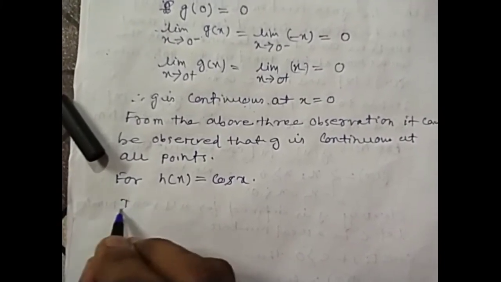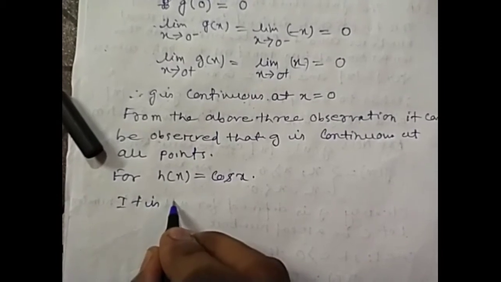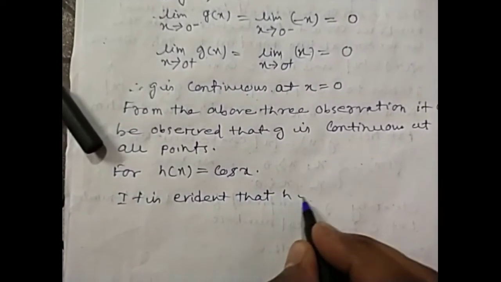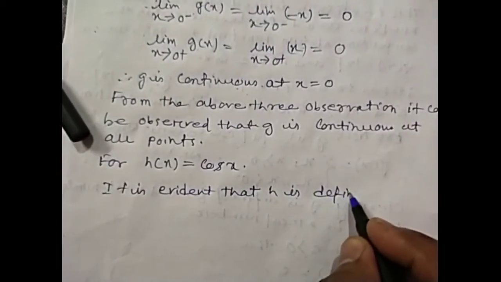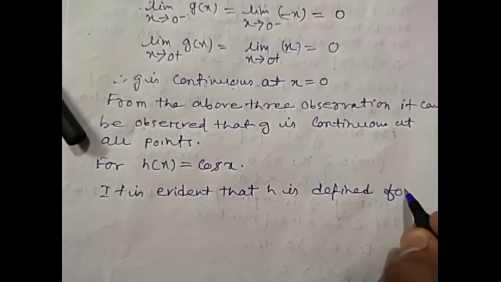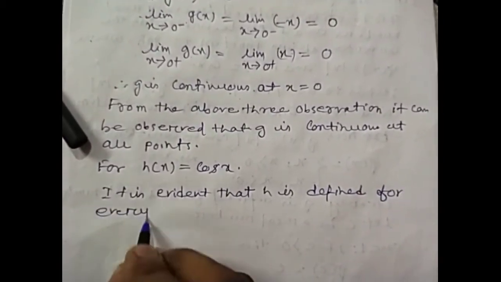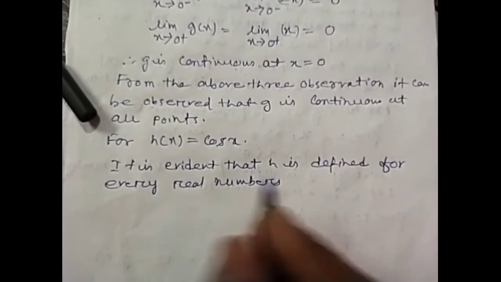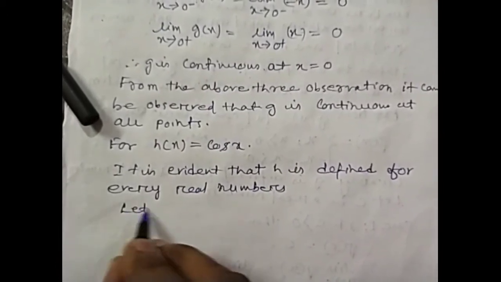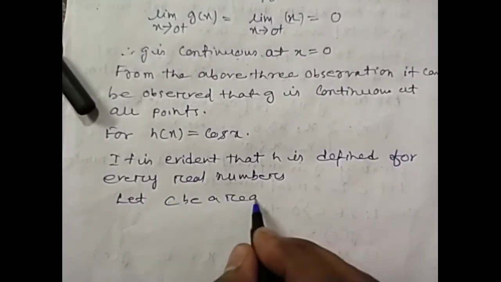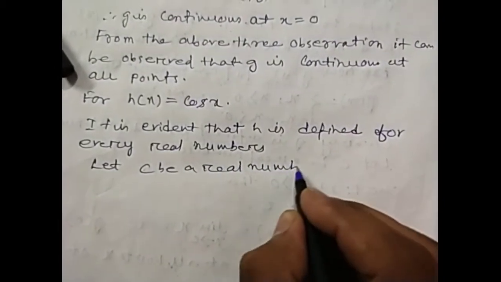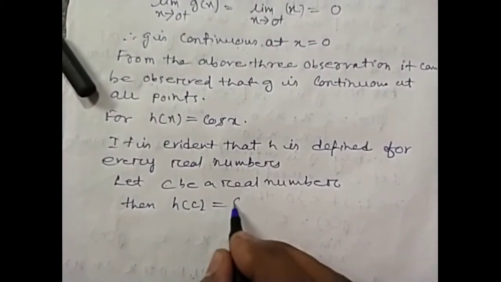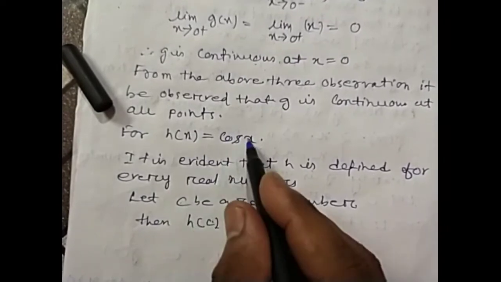It is evident that h is defined for every real number. Let c be a real number. Then h of c is equal to cos of c. If you replace x by c, you will get cos of c.